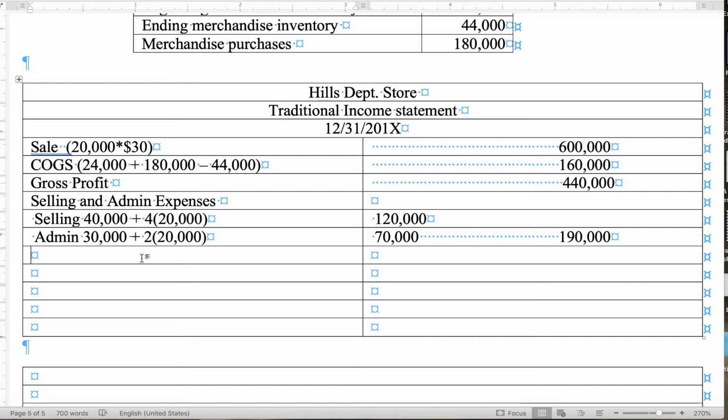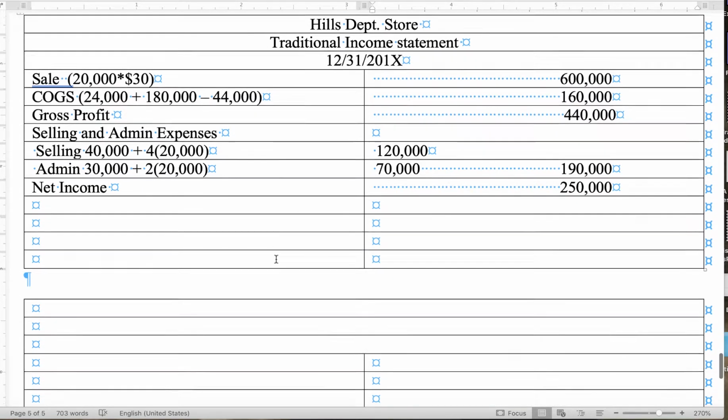I get net income of 250,000. Okay, that's the traditional income statement. Should be very, very familiar. Okay, now we got to look at the contribution formatted income statement.